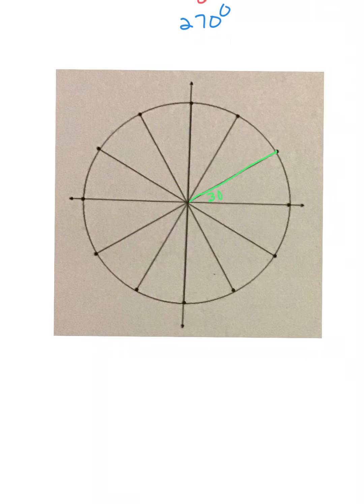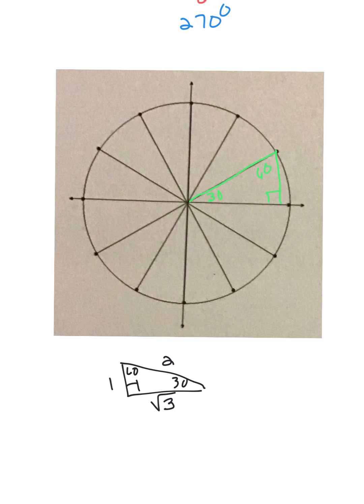And if I drop a perpendicular, well, now I have a 30, 60, 90 triangle. This goes back to something we've already learned. We know that every 30, 60, 90 has the relationship of 1 to square root of 3.